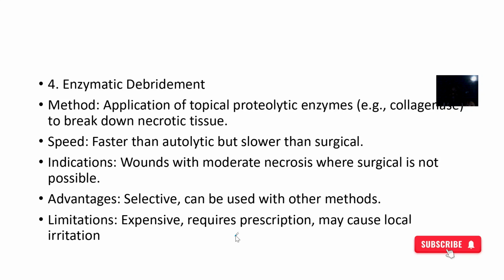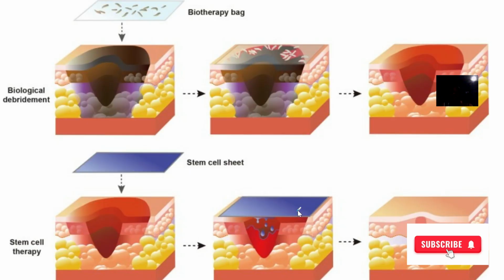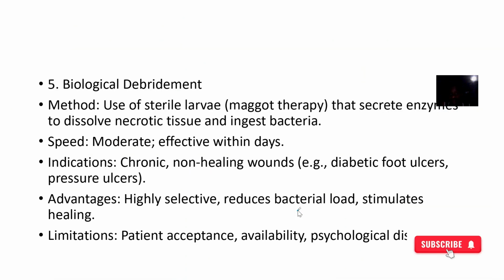For enzymatic debridement, you are applying a topical proteolytic enzyme to break down the necrotic tissue. It's faster than autolytic but slower than surgical. You usually use it for wounds that have moderate necrosis. The advantage is that it's selective and can be used with other methods. Then the last one, which interests me the most, is the biological debridement.